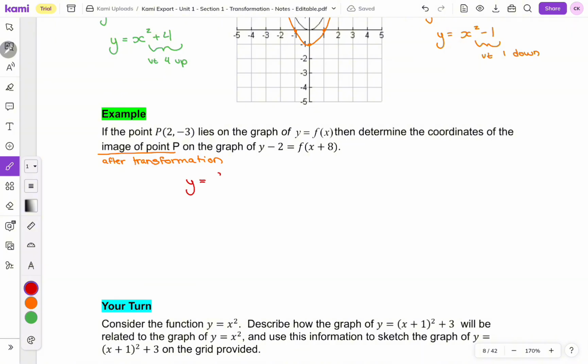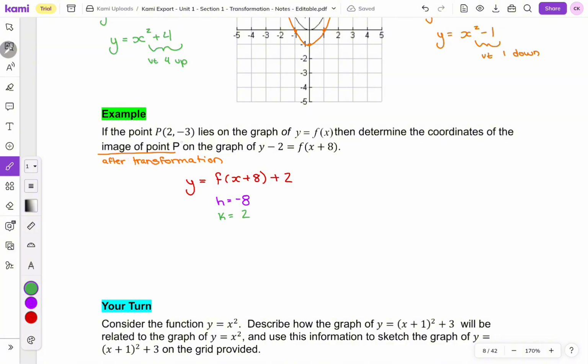So y equals f of x plus 8, plus 2. This tells me that I have an h value of negative 8, because remember inside lies, and I have a k value of 2.